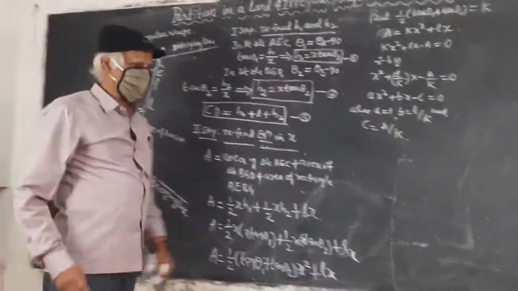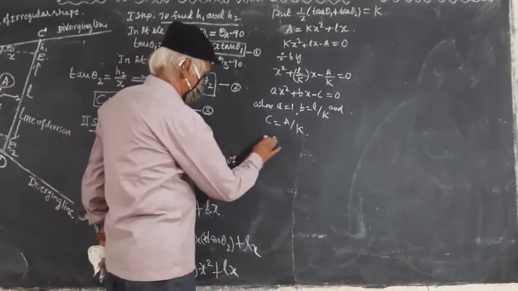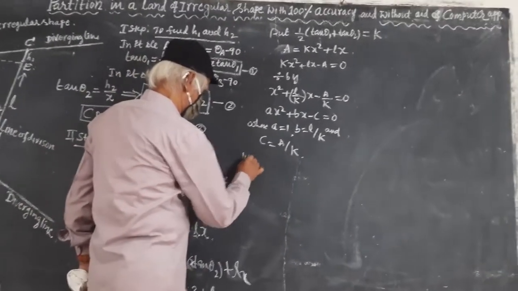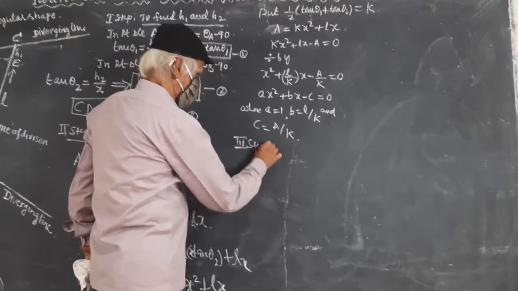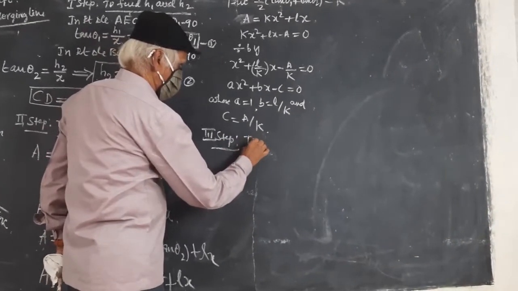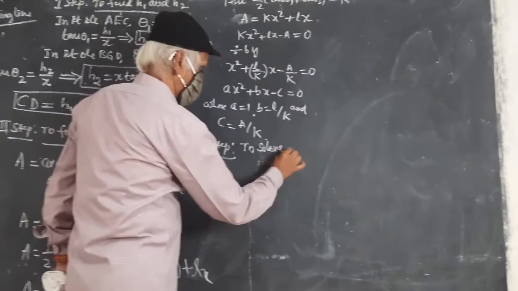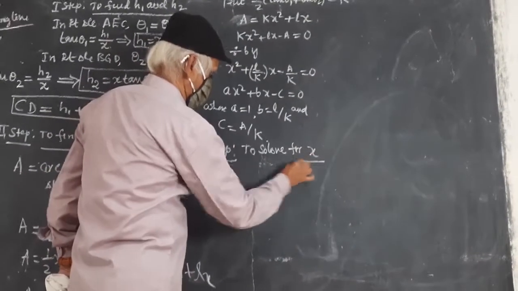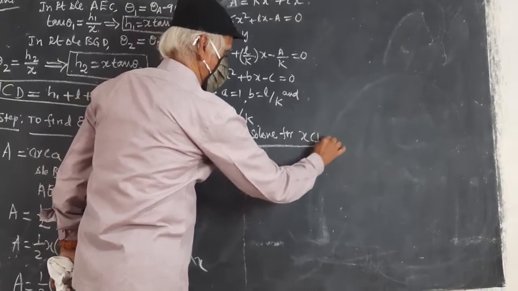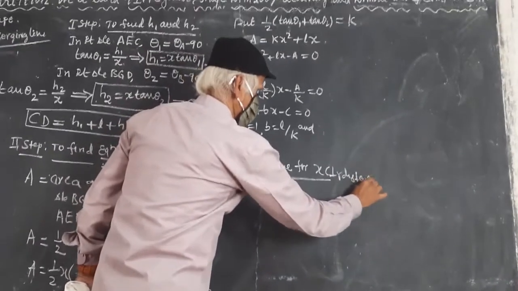So the next step, I suppose the third step, is to solve for X. So X is the perpendicular distance.